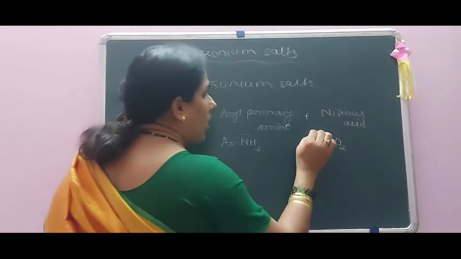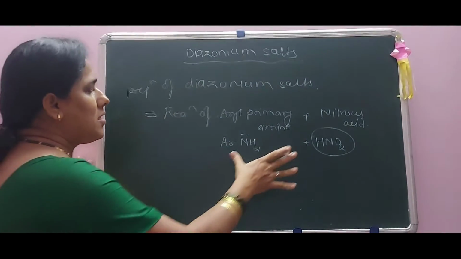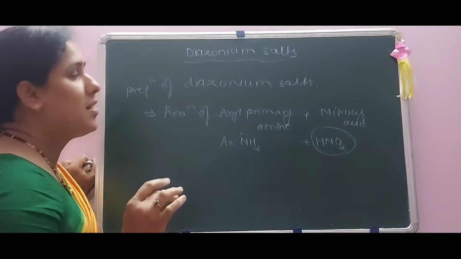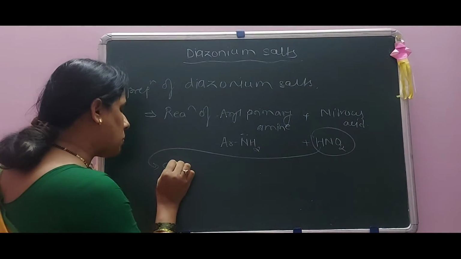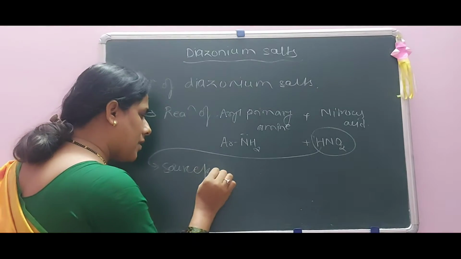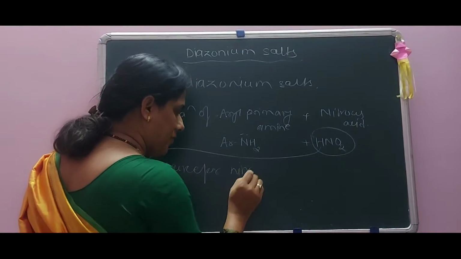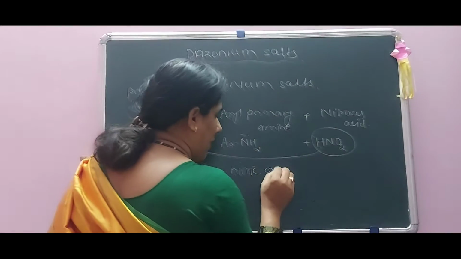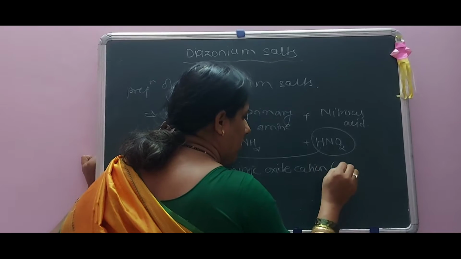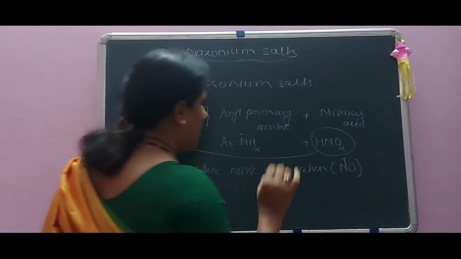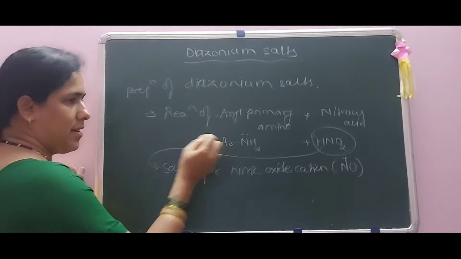Now, direct reaction with HNO2 is not possible, because HNO2 acts as a source for the nitric oxide cation, that is NO plus. Now how is it getting formed?